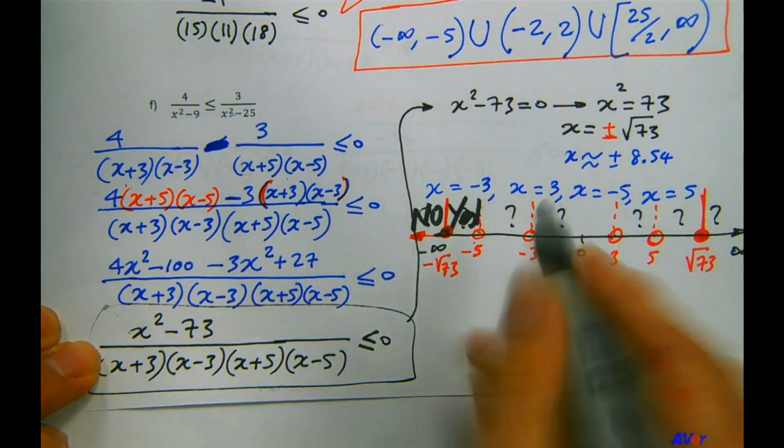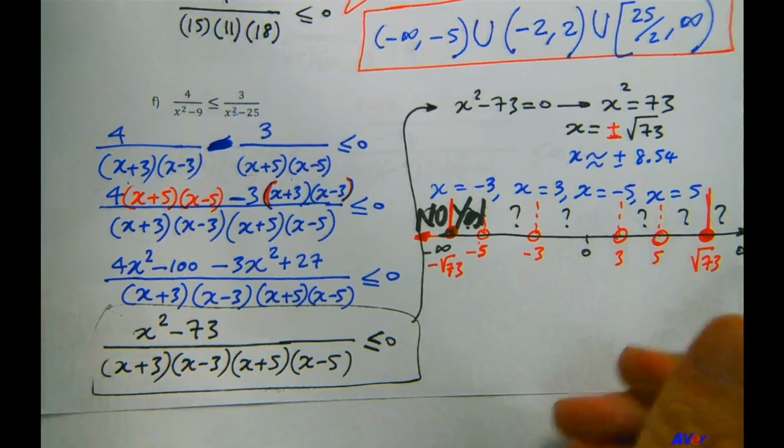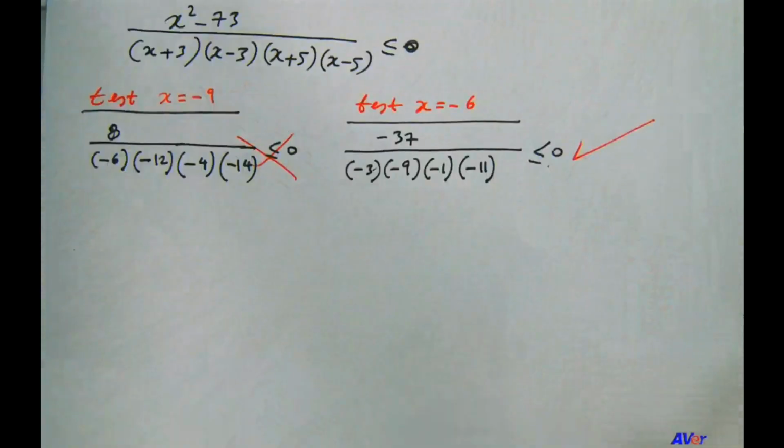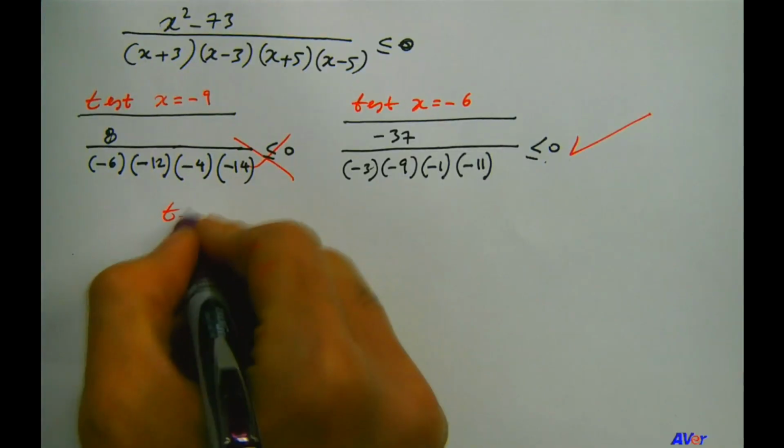Okay, so let's pick a number between negative 5 and negative 3. Let's say negative 4, right? So we're going to test negative 4.